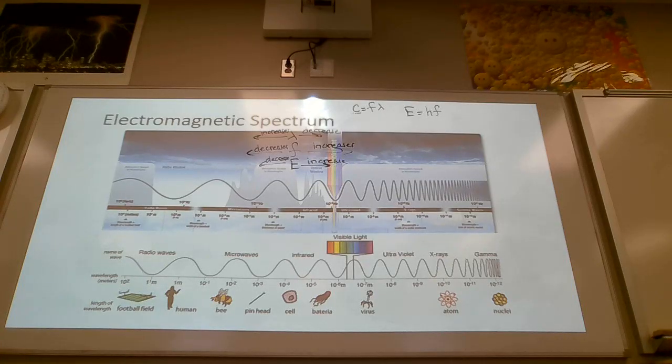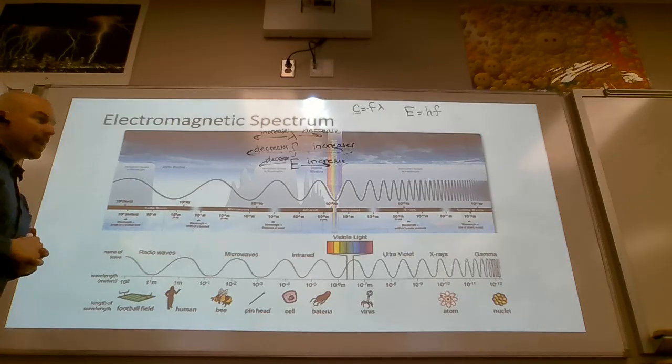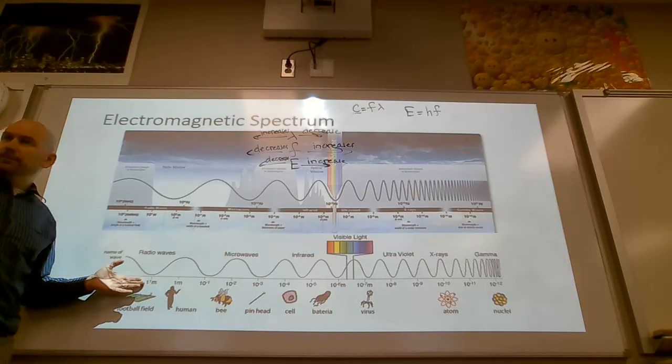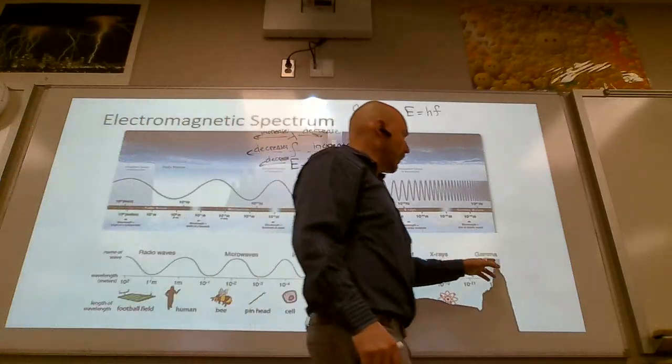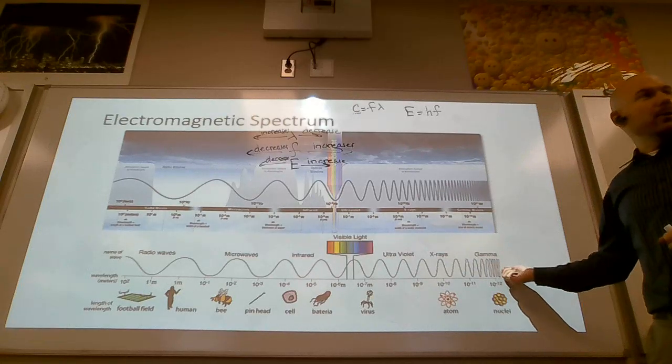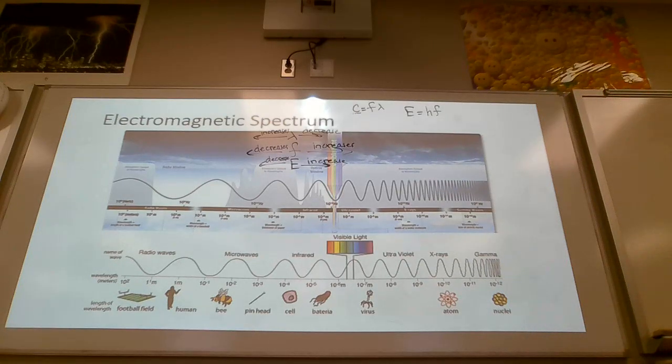Okay. Now, the electromagnetic spectrum is huge. We have wavelengths that are hundreds of meters, all the way down to wavelengths that are the diameter, the width, the radius of a nucleus of an atom. 1 times 10 to the second, so we're in the hundreds, down to 1 times 10 to the negative 12th.